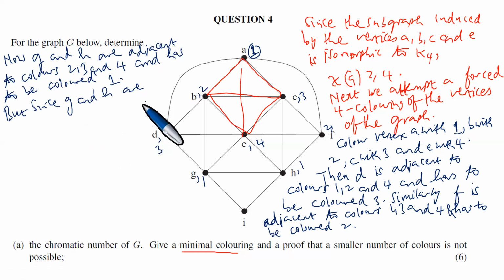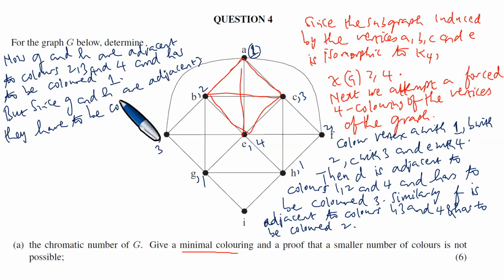Since G and H are adjacent, they have to be colored differently.